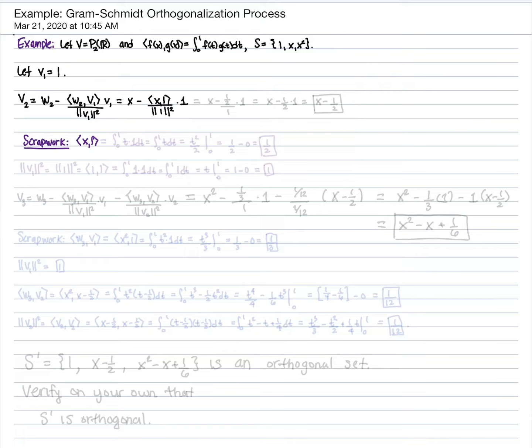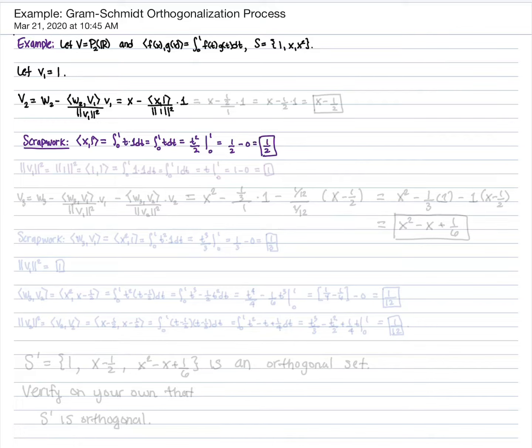So based on our inner product here, that should be the integral from 0 to 1 of t times 1 dt, which is just the integral from 0 to 1 of t dt, which is equal to t squared over 2 evaluated from 0 to 1, which gives us 1/2 minus 0, which gives us 1/2.